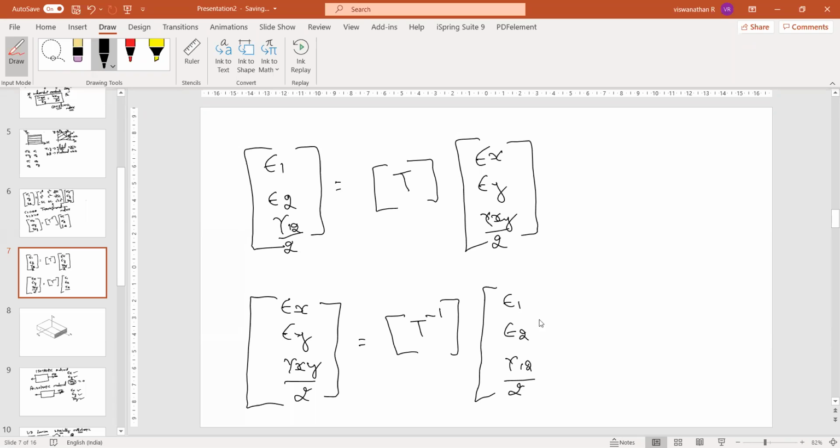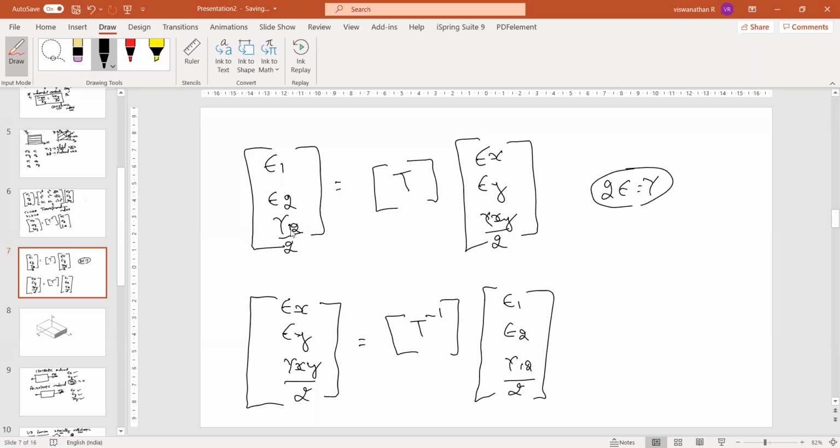Why is there a by 2? If you take the normal strain, the engineering shear strain would be 2 times the tensor shear strain. Because of that, when you write the other strain, it is divided by 2, so that's why there's a by 2 here and here.